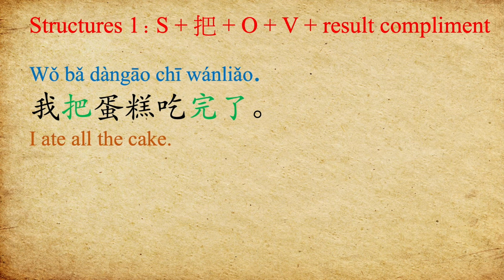You finished it all. So 我把蛋糕吃完了, I ate all the cake. It follows subject plus 把 plus object plus verb 吃 plus result complement 完了.